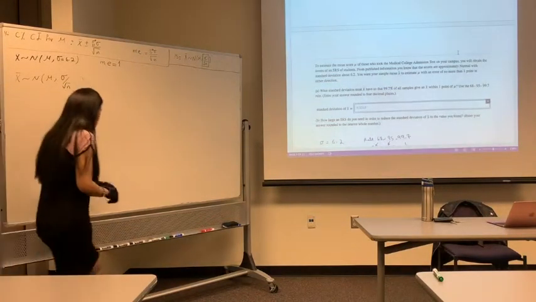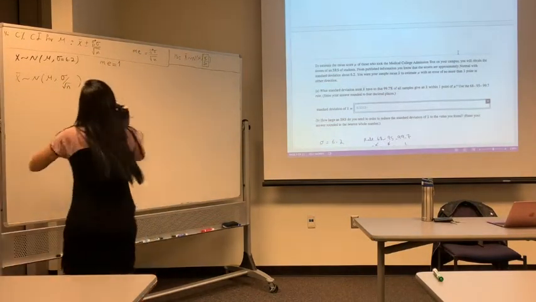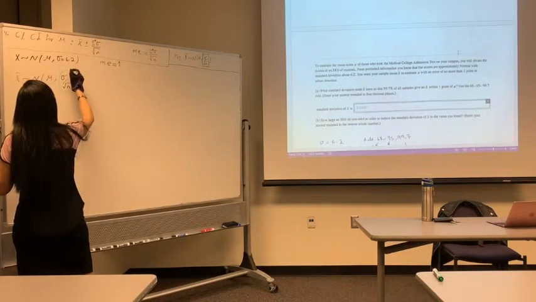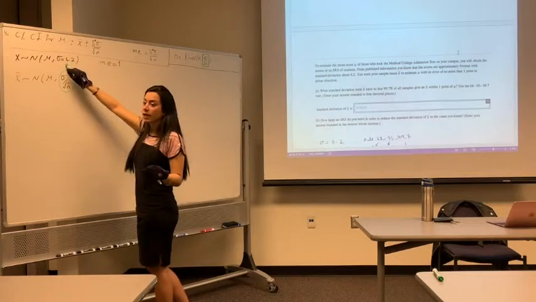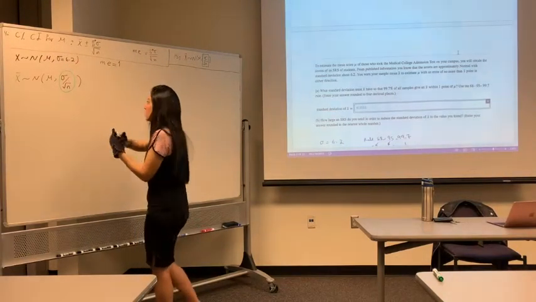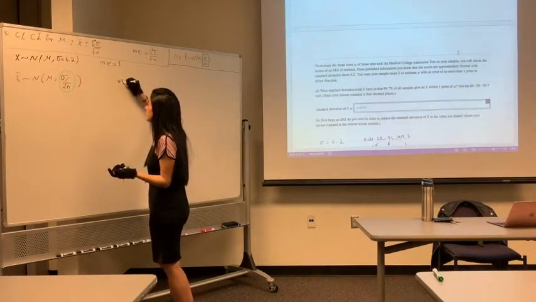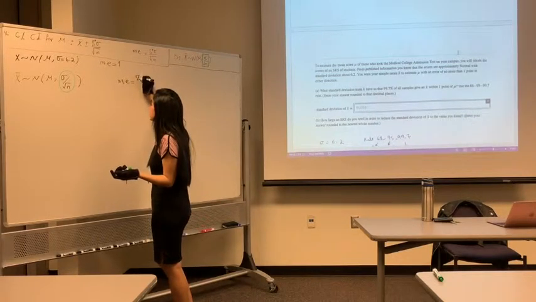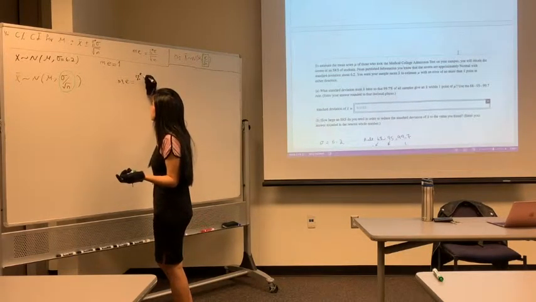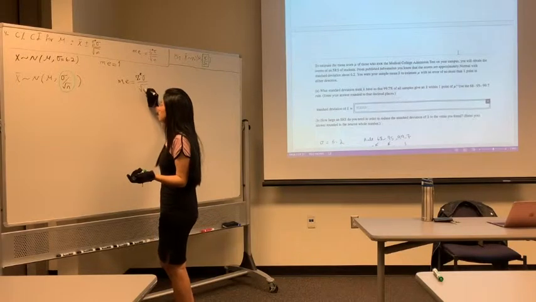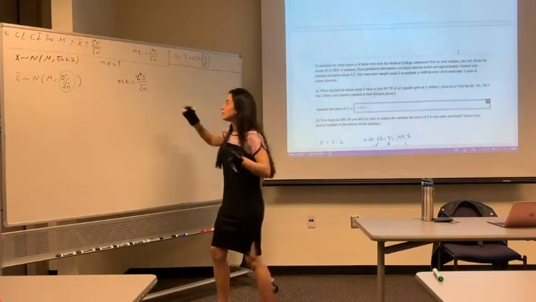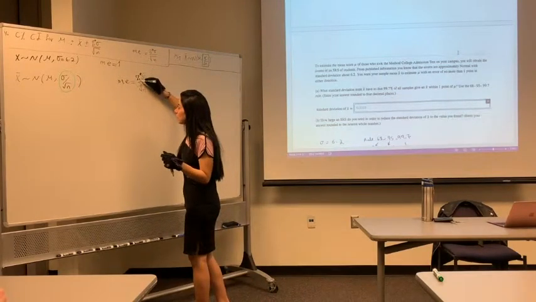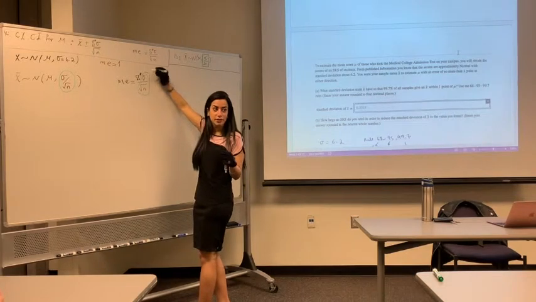So as I said, we want to find sigma over square root of n. Okay, I have the margin of error. I have this sigma. I know the formula for margin of error is z star sigma over square root of n, right? So I want this part, correct?